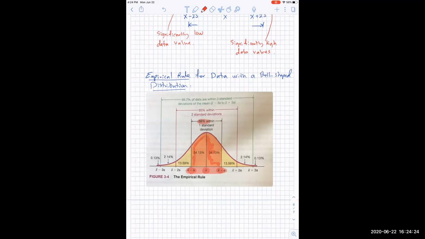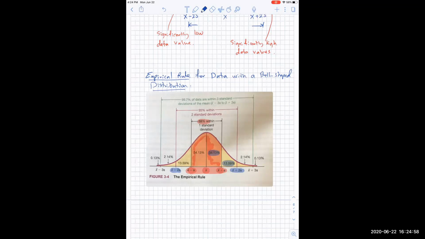Now, when you go 2 standard deviations above and 2 standard deviations below, x bar plus 2s and x bar minus 2s, then on the right you have 34.13% plus 13.59%.